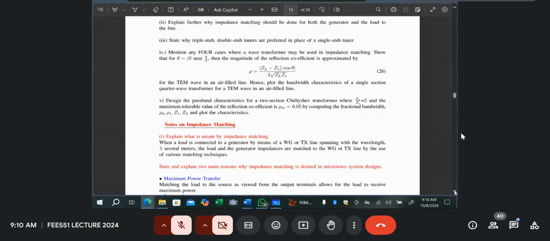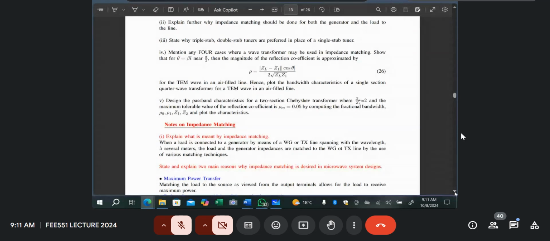It means in your design, since it has ripple characteristics, you do your designs and make sure that whatever you are obtaining is below rho m within that bandwidth. Then you will be able to see that the two-section Chebyshev transformer is able to widen that bandwidth bigger than what the quarter wave transformer would do. And then you plot the characteristics and see that.